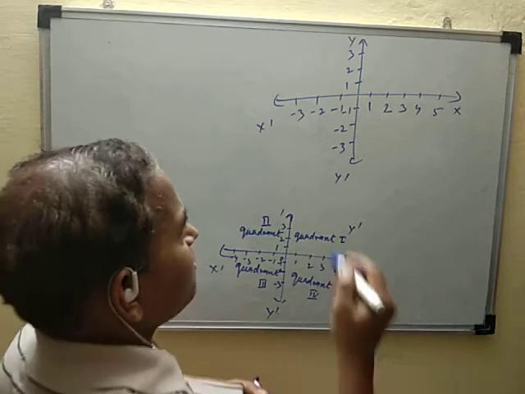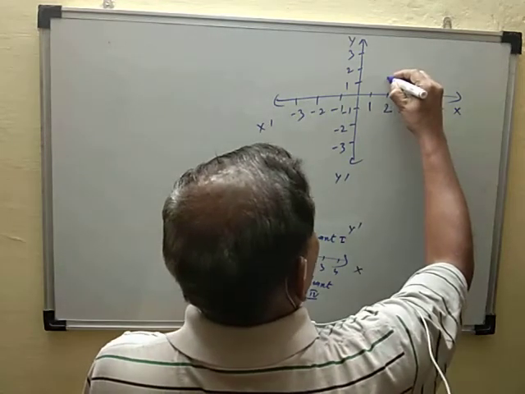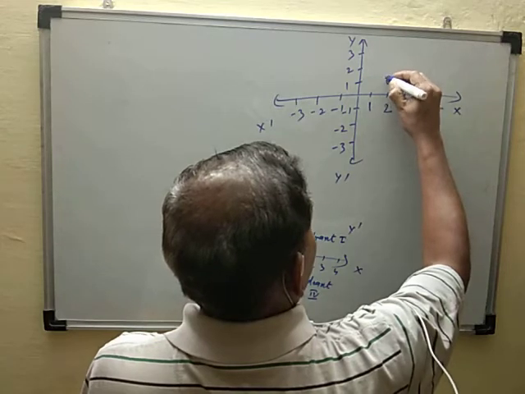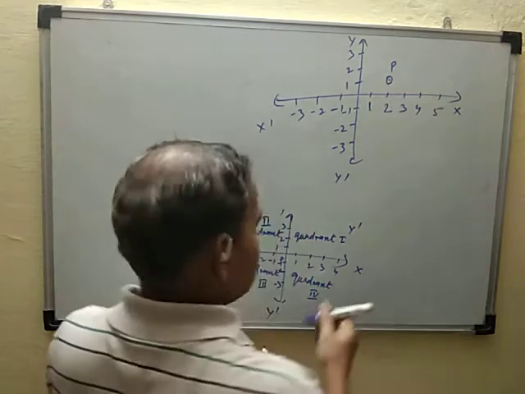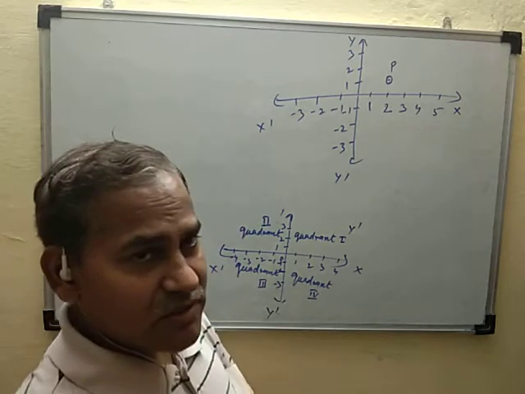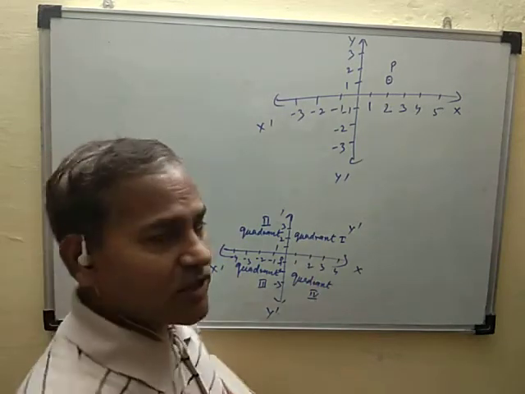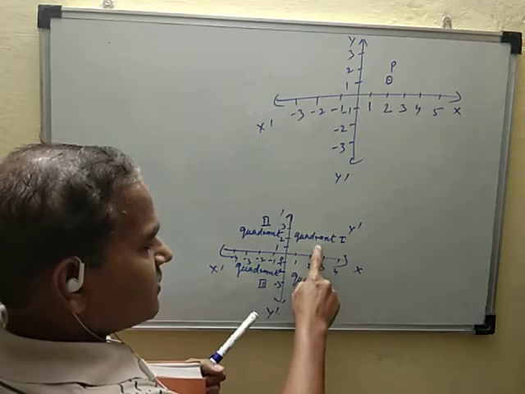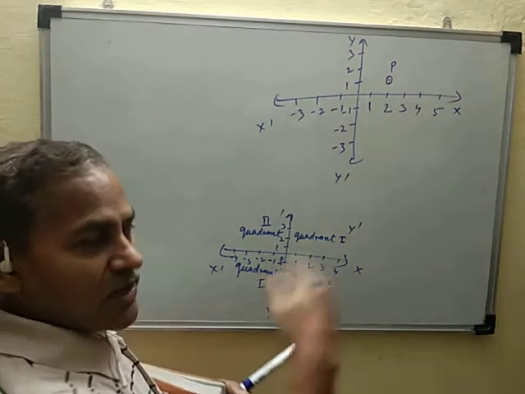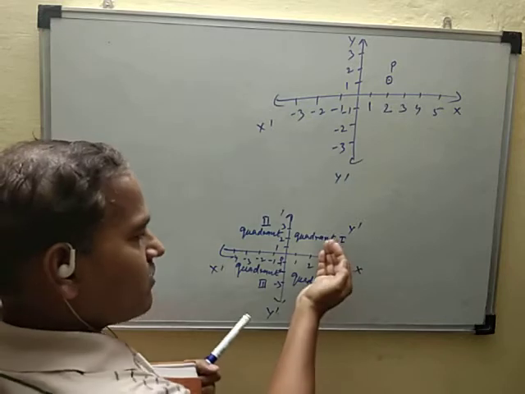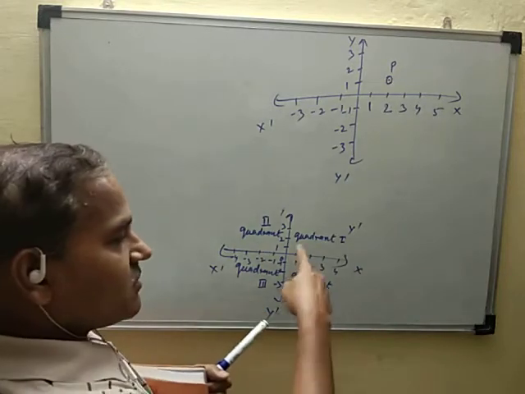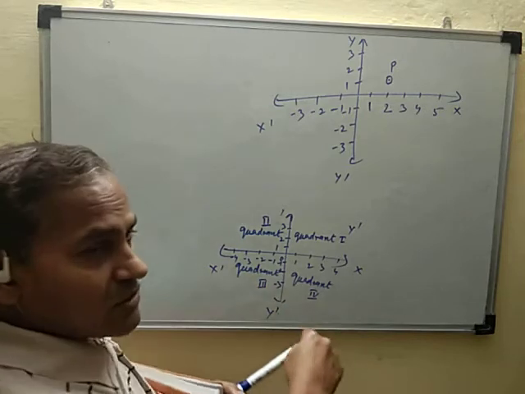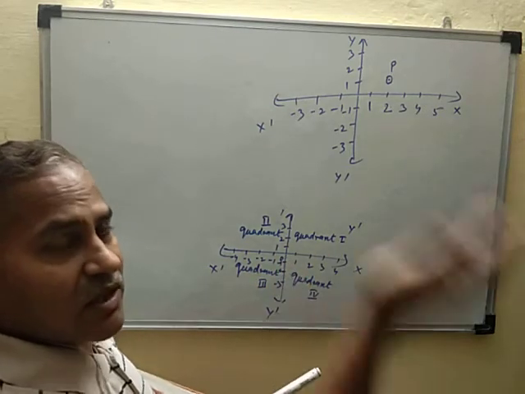Suppose P is any point in this first quadrant. Move anti-clockwise, not clockwise: first quadrant, second quadrant, third quadrant, fourth quadrant. Clockwise move नहीं करना है, anti-clockwise.